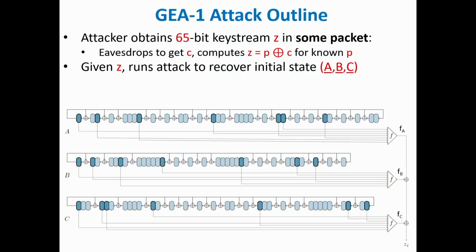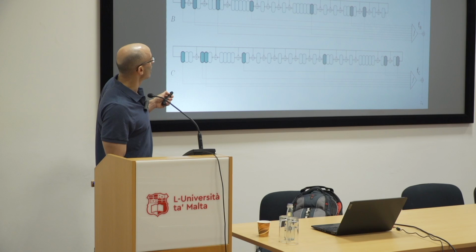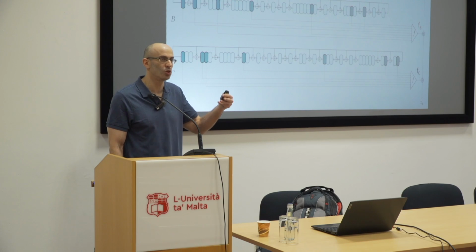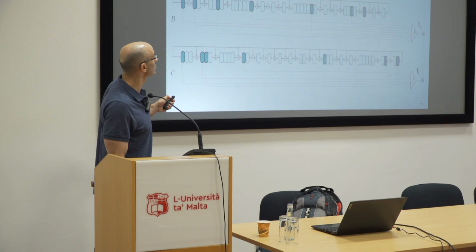Now let's see what the attacker does. Given Z, given 65 output stream bits, it's going to run the attack and compute an internal state, which is a joint initial state of A, B, C that produces this keystream. As I told you before, there's a seed of size 64 bits that is used to initialize this initial state.